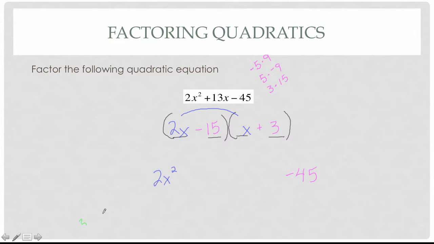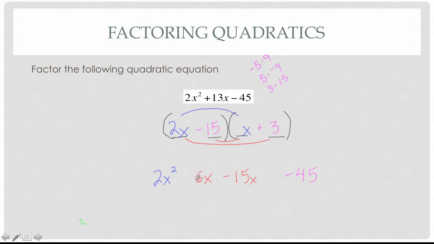So let's see if this green, oh, that green is not a good green. Let's switch colors here. Let's go to red. So if I do my middle two terms, 2x times 3 is going to give me 6x. And then I have negative 15 times x is minus 15x. And right away, I know I'm not good because 6x minus 15x is negative 9x.